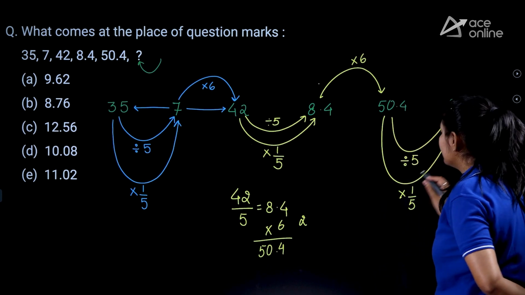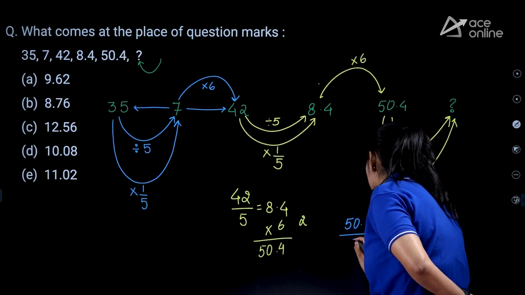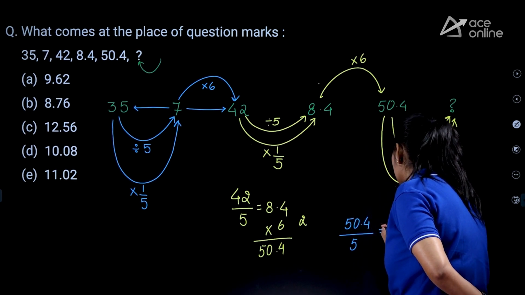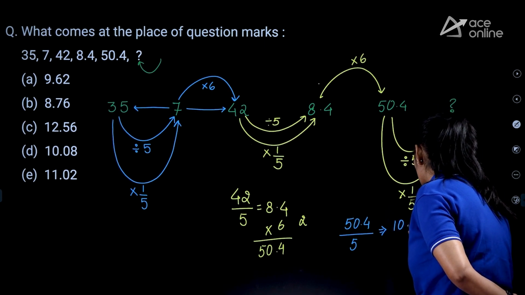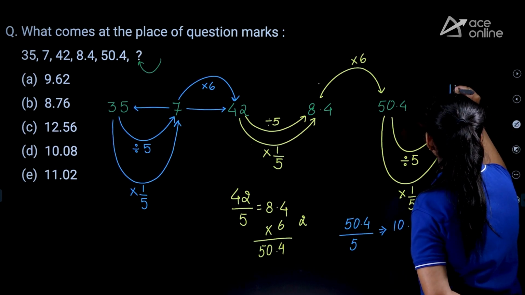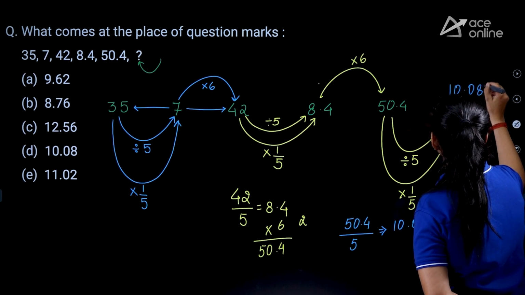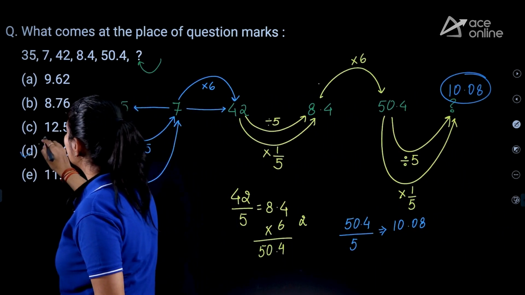Now I know that when 50.4 is divided by 5, we are getting 10.08. So 10.08 is our correct answer.